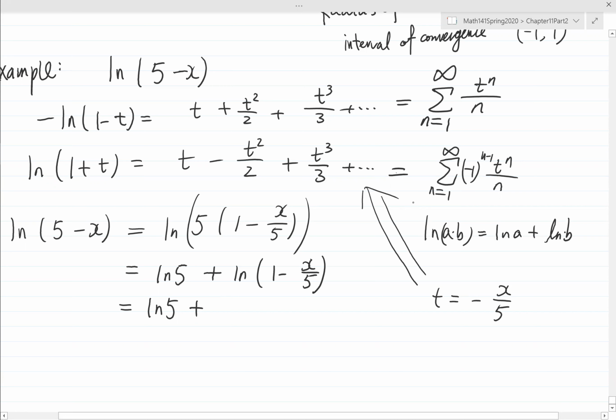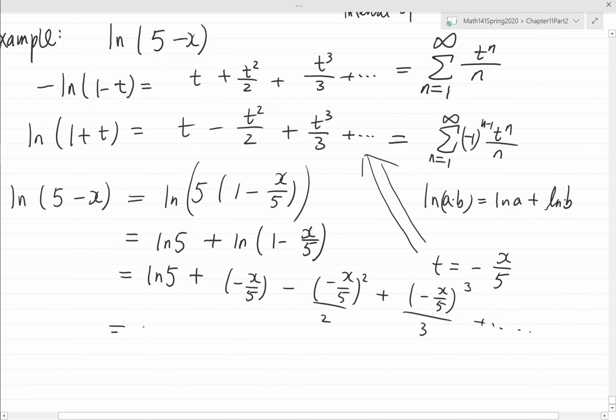This will be negative x over 5, minus negative x over 5 squared over 2, plus negative x over 5 cubed over 3, etc. To make this more precise, we use sigma notation: n from 1 to infinity, negative 1 to the power n minus 1, times t, which is negative x over 5, to the power n over n.